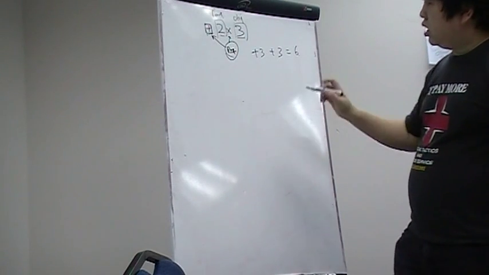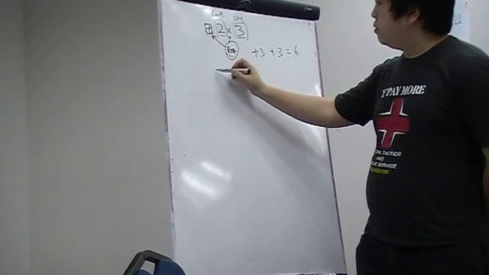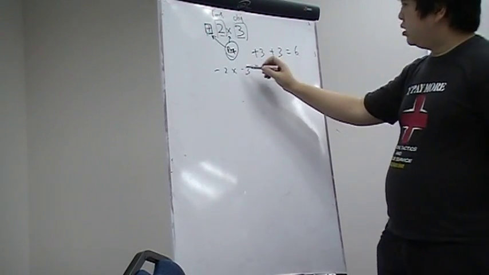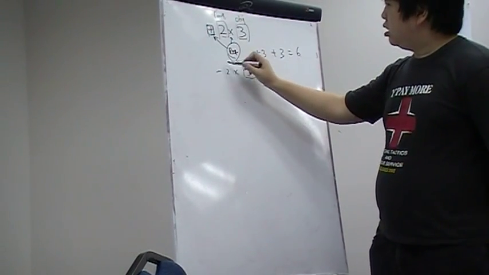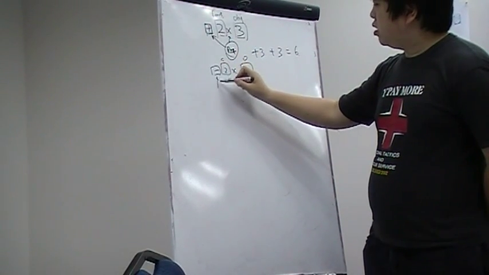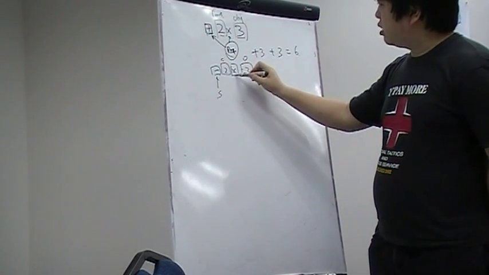Okay? This explanation will work even for -2 times -3. Because this is the object, this is the count, this is the symbol, this is the replication sign.